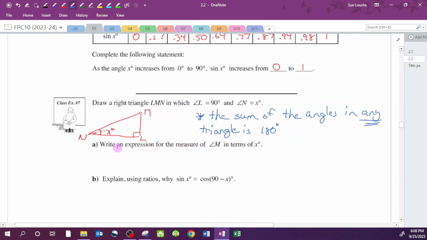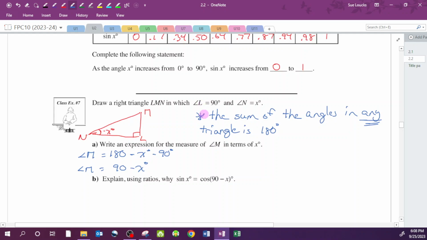So angle M equals what? Angle M is going to be the total of the triangle, which is 180, minus X degrees minus 90 degrees, because that's how big angle L is. So 180 minus 90 is 90, so angle M is going to be 90 minus X degrees.